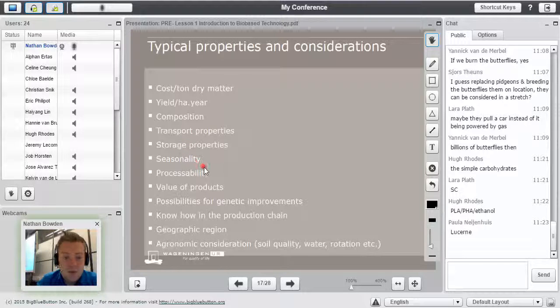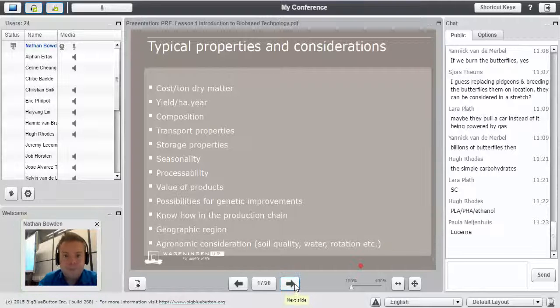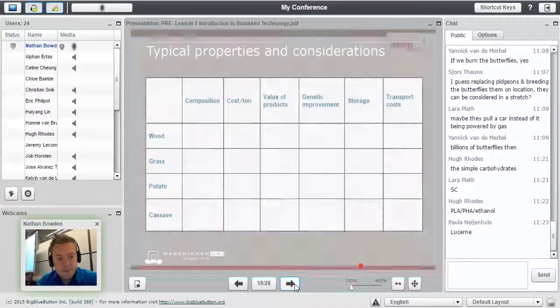So seasonality, processability. Some things are easier to process than others. Value of the products, genetic improvements. Can you genetically improve it? GMOs. Production chain, geographic region, also rather important, and agronomic considerations, so soil quality, water, rotation, etc. All considerations when looking at it.